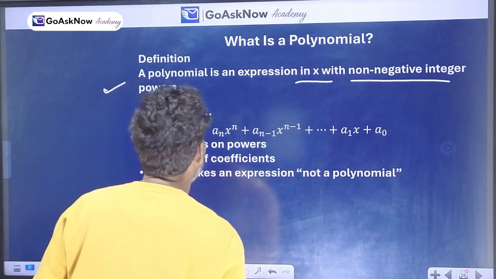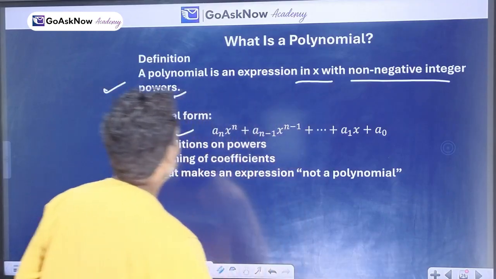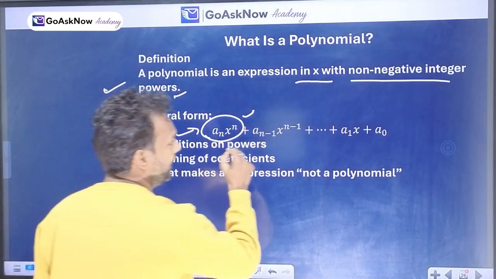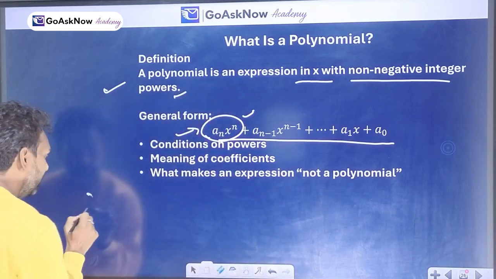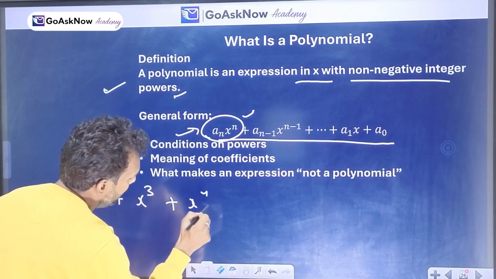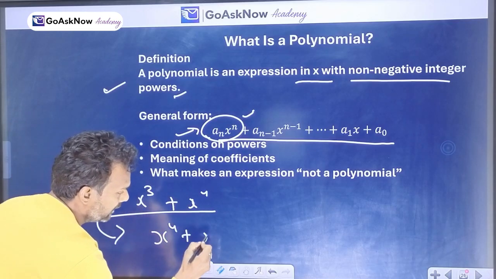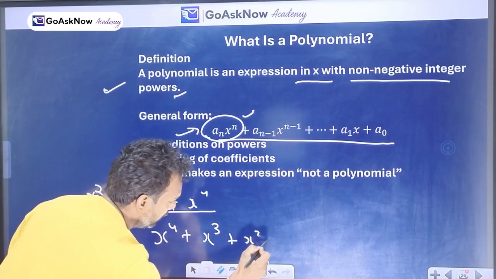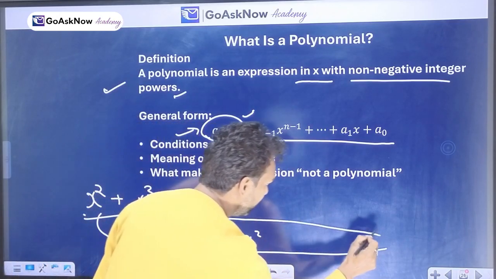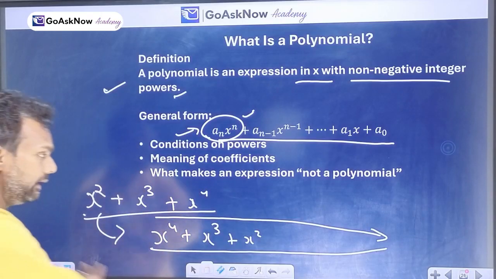We generally write the powers of x in descending order. The other order is also correct, but we generally write it in the form of x to the 4, x cubed, x squared, meaning the powers of x should always be written in descending order.